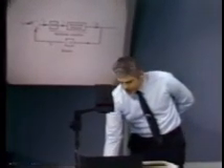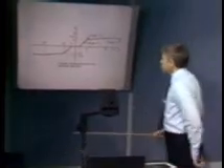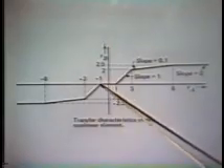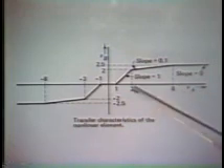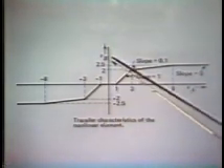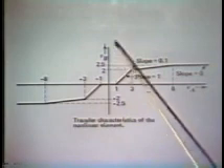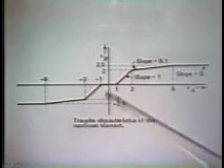For purposes of analysis, let's assume some characteristics associated with the nonlinear element that are like this. We have a dead zone. In other words, the input to the nonlinearity, shown on this axis, has to reach 1 volt before the output of the nonlinearity begins to change.